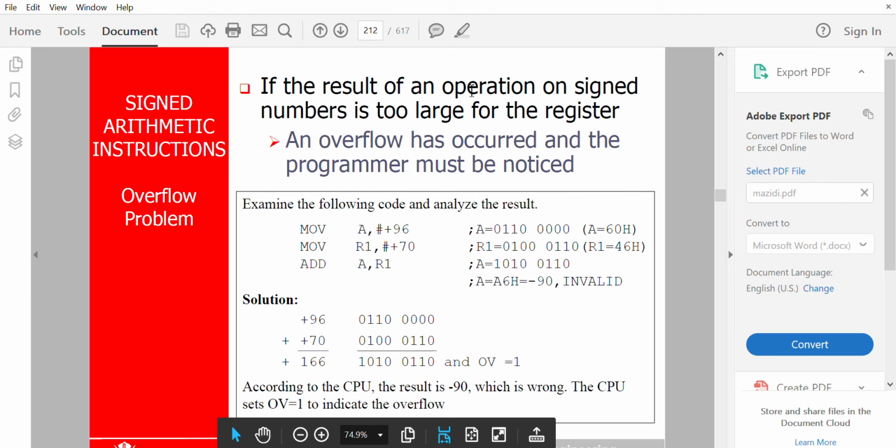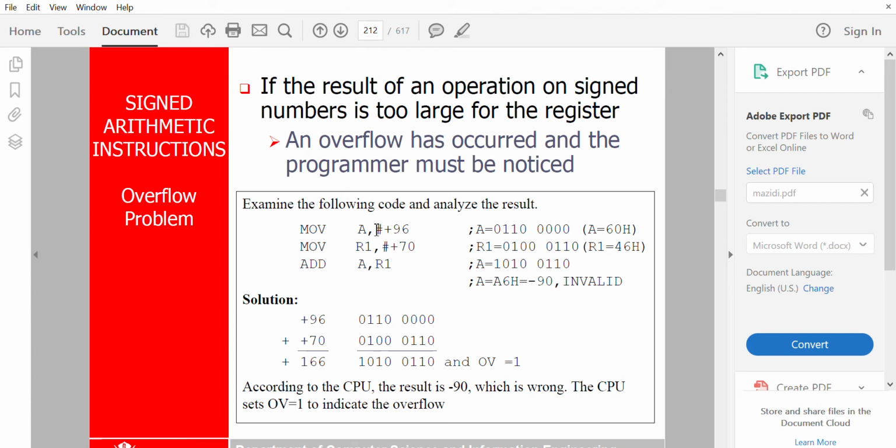If the result of an operation on a signed number is too large, then an overflow will be set. The overflow flag will be set to 1, showing that the result is too large.